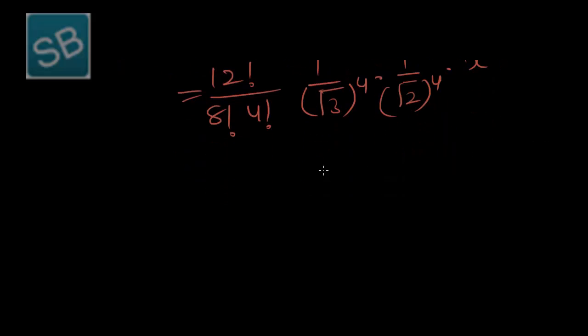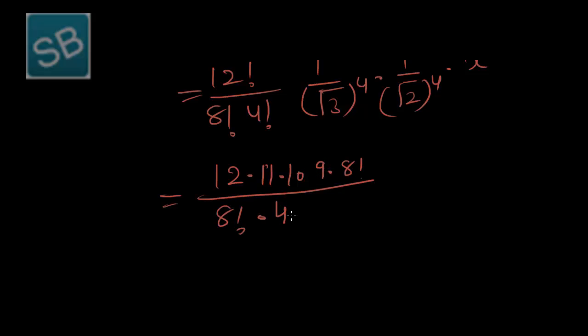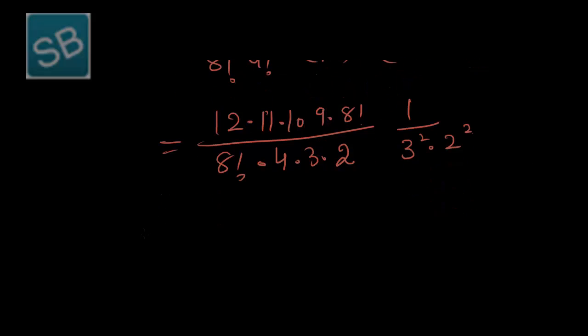And something raised to power 0 is 1. So this term independent of x is 12 into 11 into 10 into 9 into 8 factorial over 8 factorial into 4 into 3 into 2 into 1, over 3 square into 2 square. So from here, this cancels out, 12 cancels out, 3 square cancels out 9, and 2 cancels out this. So we get 55 over 2 square, that is 4. So the term independent of x is 55 over 4.